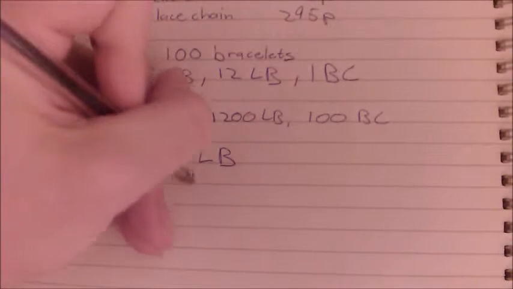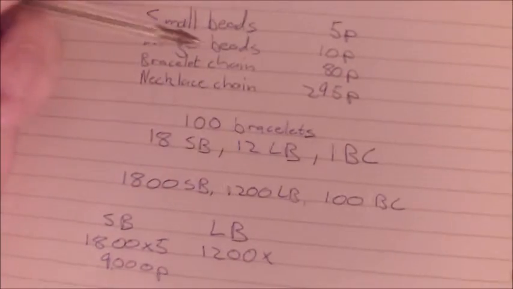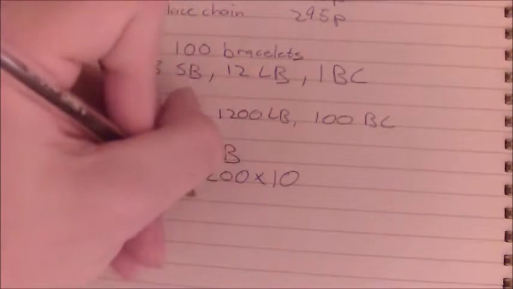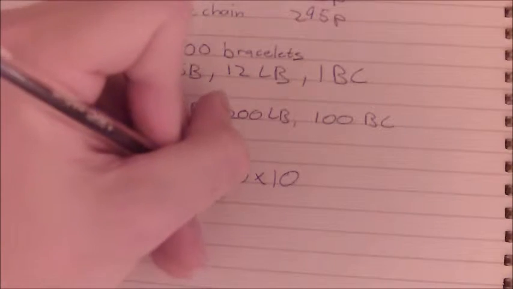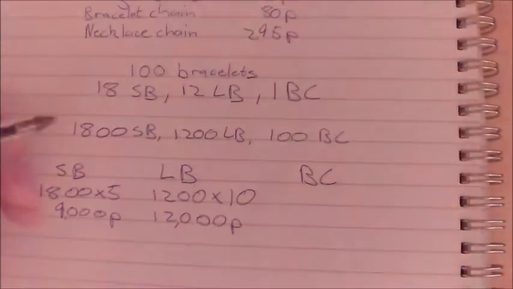Then large beads will be 1200 times, and each large bead costs 10 pence, so it's going to be times by 10, which is 12,000 pence. And then he buys 100 bracelet chains, and that costs 80 pence each one.